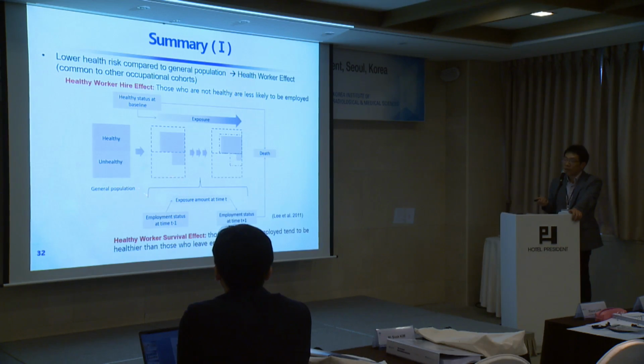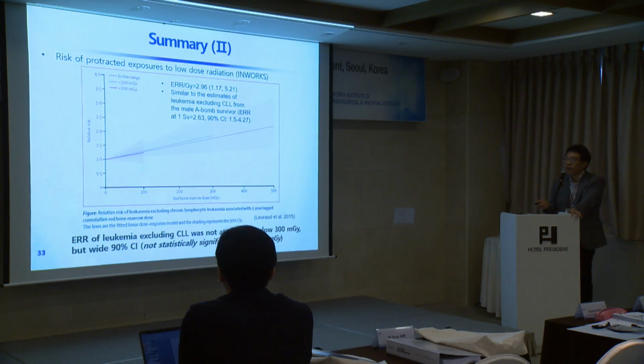Which means that the health status of radiation workers might be better than the general population because of this effect. But this kind of effect is not limited to radiation workers. It is also common to other occupation types.